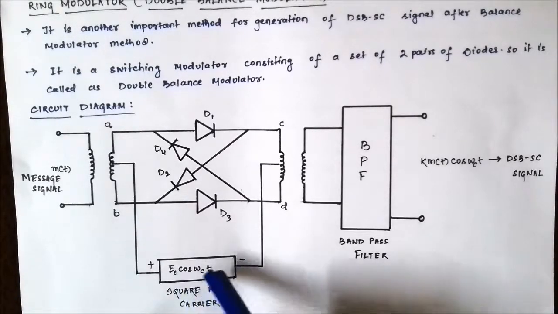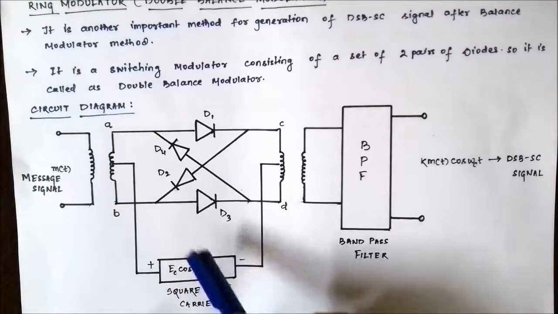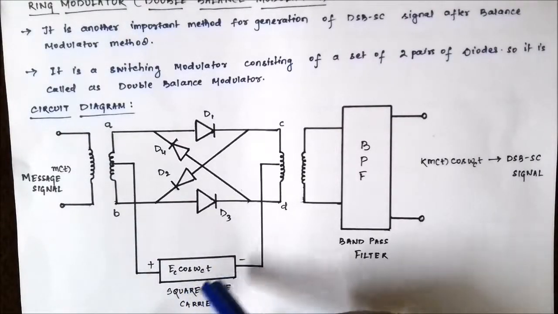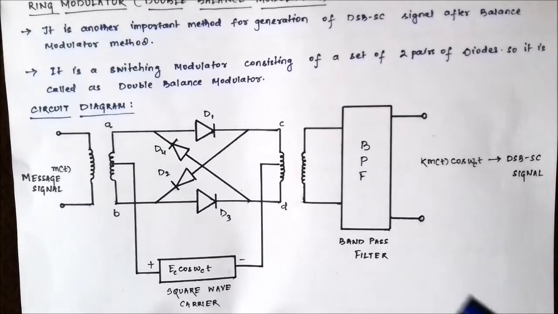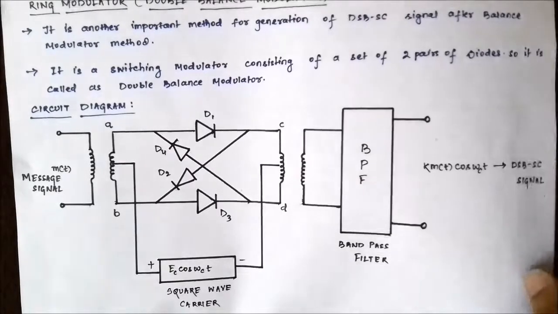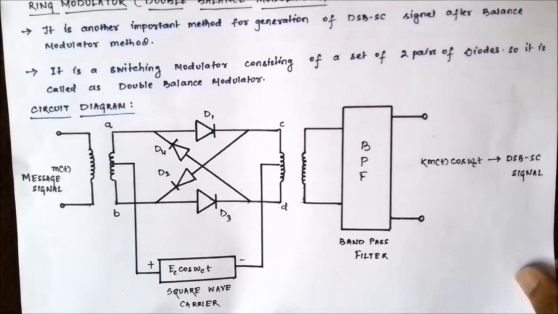As I couldn't write the whole expression, I just wrote it like this, but it's actually a bipolar square wave carrier in terms of cos omega_c t, written as the Fourier series expansion.